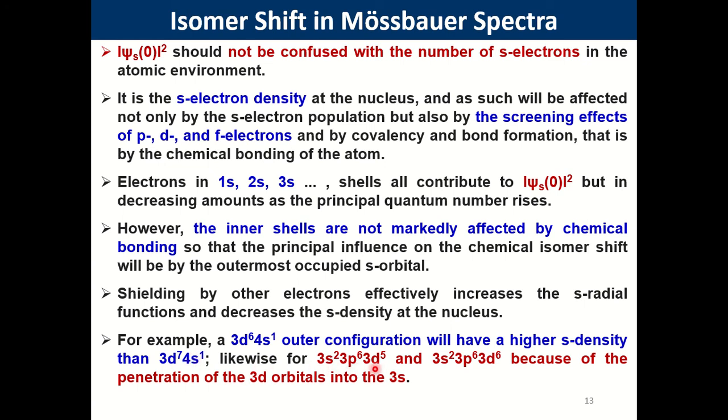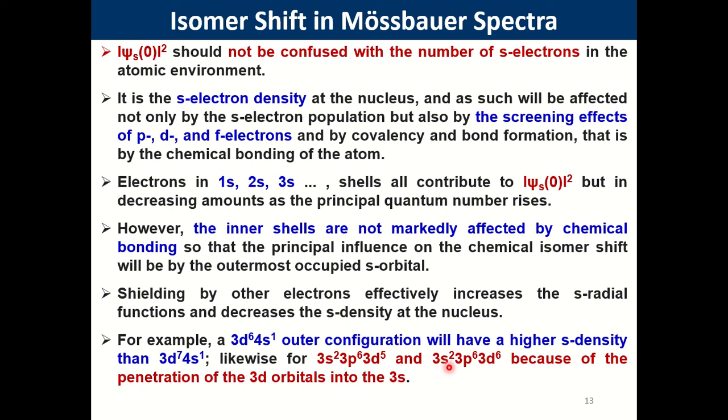The second example is of the d electrons. You have 3d5 and here 3d6. So these 3s electrons are present at the nucleus. The wave function decays to 0 only at infinity, so they also have a presence far away from the nucleus.